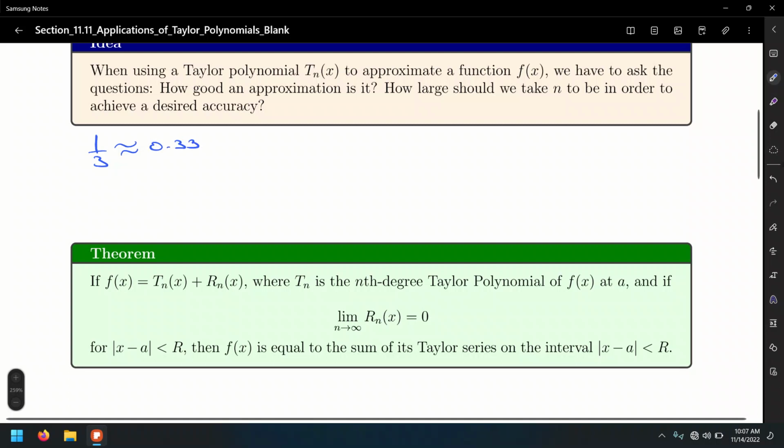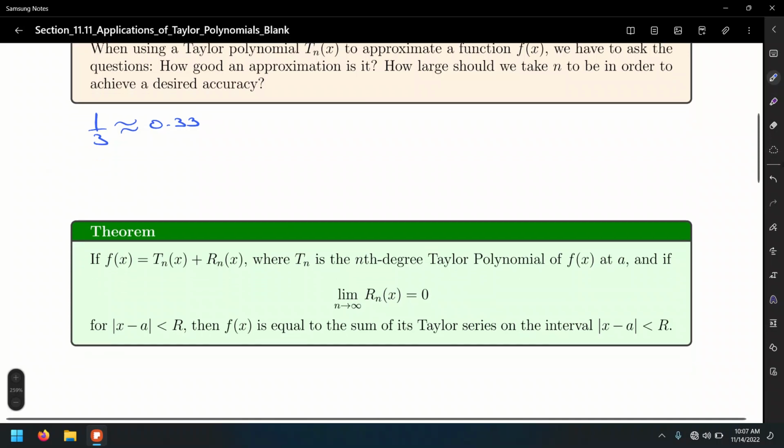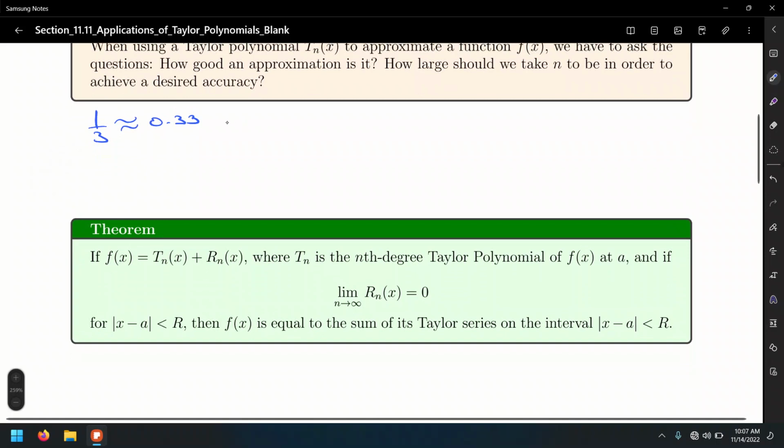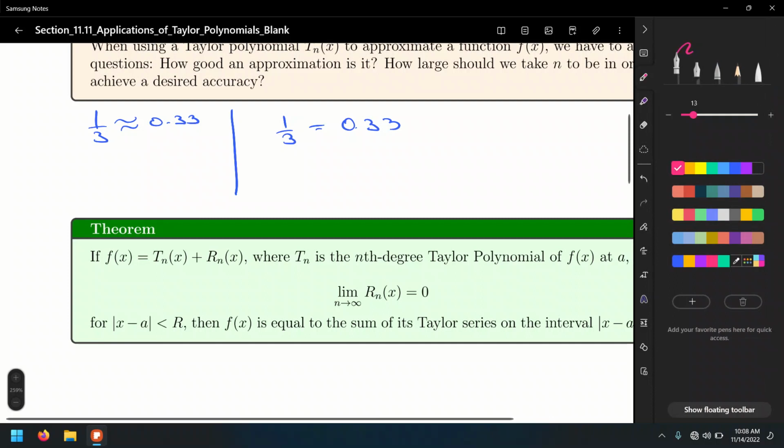If we want the actual value, we change the approximation symbol to an equal sign: 1/3 equals 0.33 plus some remainder.